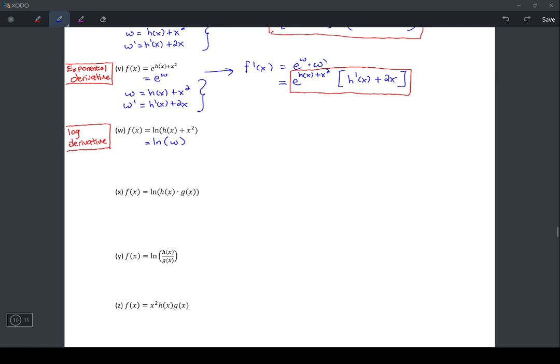This is a ln of w. W is equal to h of x plus x squared. W prime is h prime plus 2x. Okay, so I'm going to take the derivative. Now the log derivative rule, derivative of ln w is w prime over w.